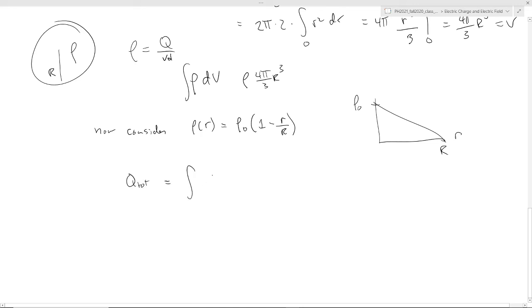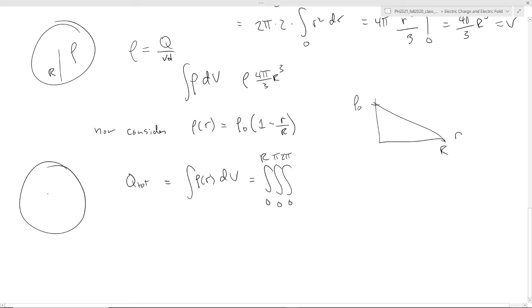So you'd have to integrate your rho as a function of r over the volume. And we would want to expand this into our full picture. So don't worry, the angle parts of this will go away right away, but we'll just include them so we have the whole picture.